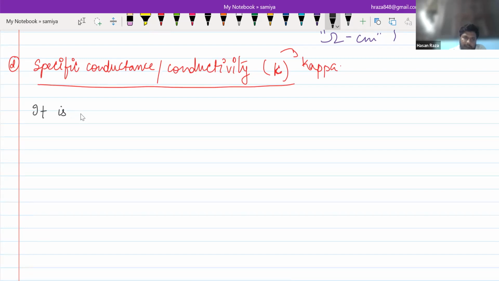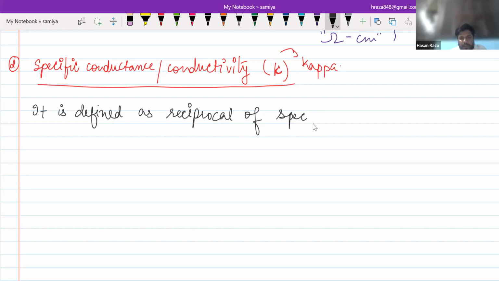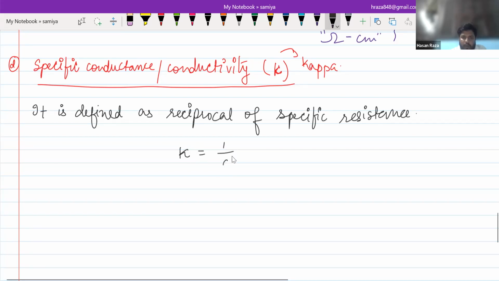Basically it is defined as the reciprocal of specific resistance. So kappa is equal to 1 upon rho.